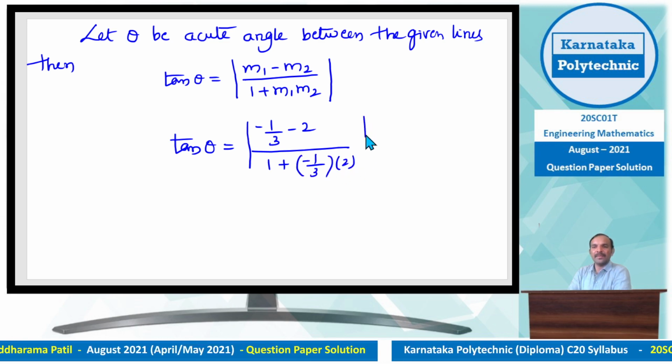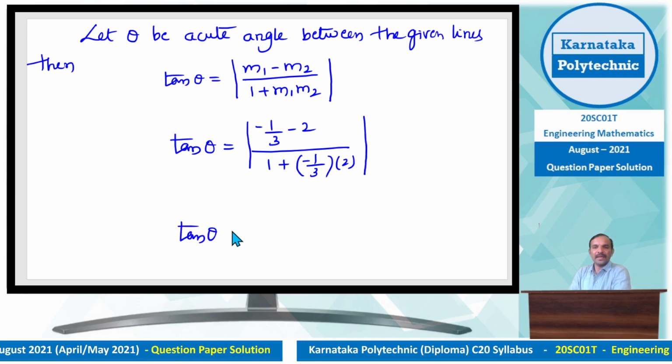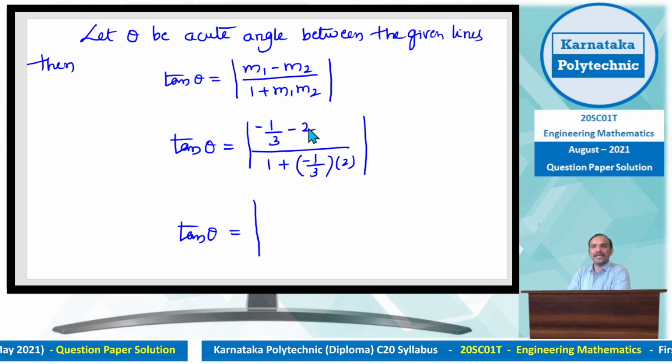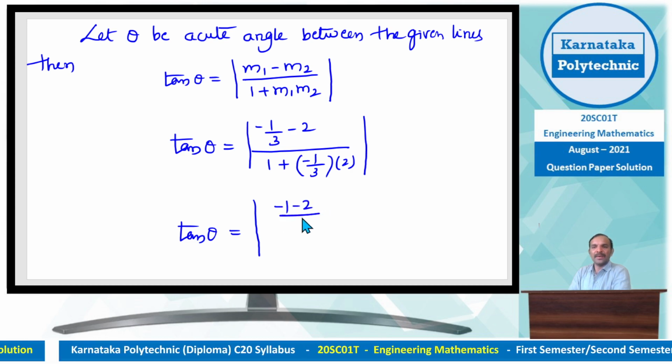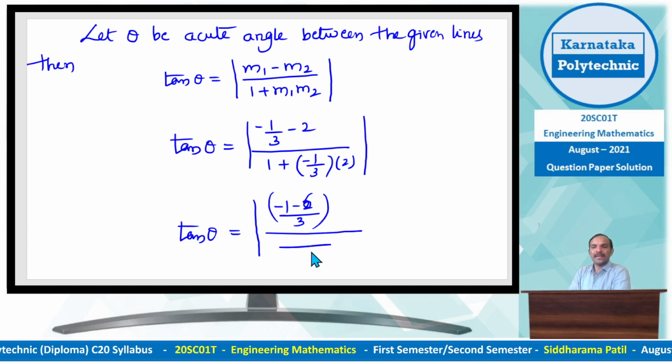Now take the LCM, which is 3. 3 into minus 2 is minus 6. So the numerator is minus 1 minus 6 over 3, and the denominator is 3 into 1, 3 minus 2.